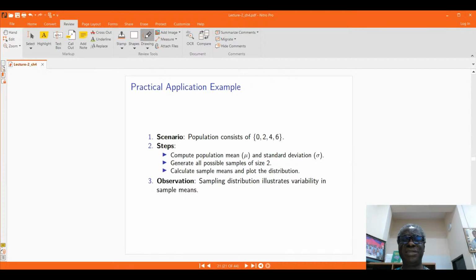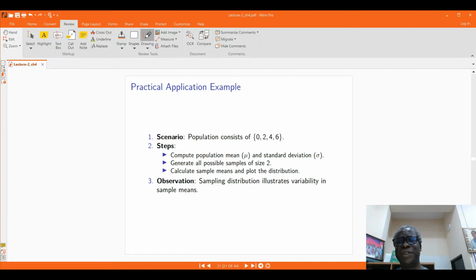Then from this, generate all possible samples of size 2, which could be 0-2, 0-4, 0-6, 2-4, 2-6, 4-6. So you can write out code to do the simulation for you, or you can also try it by hand.